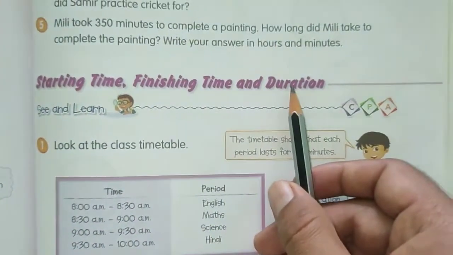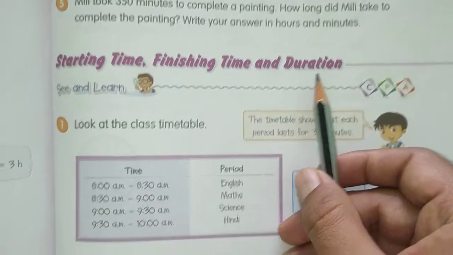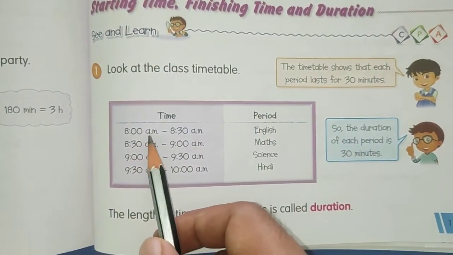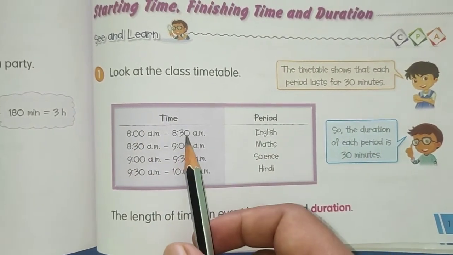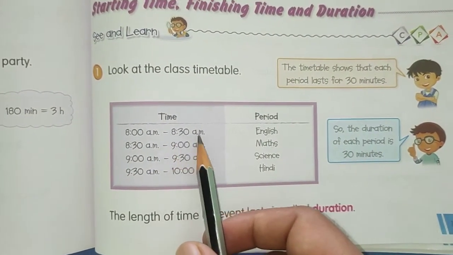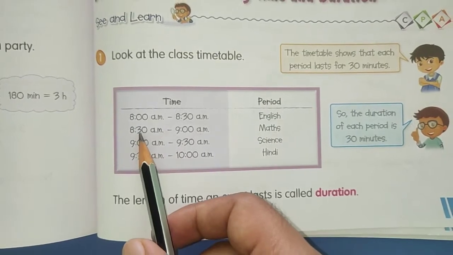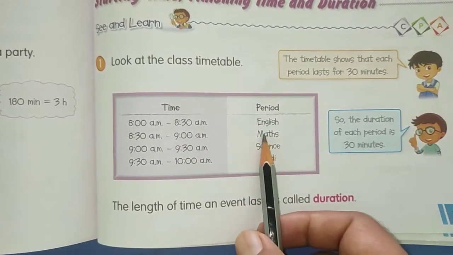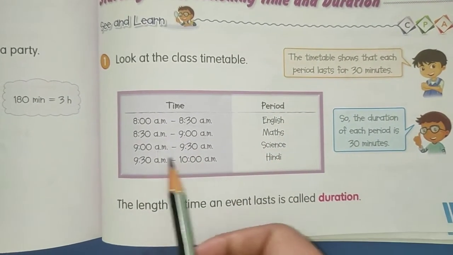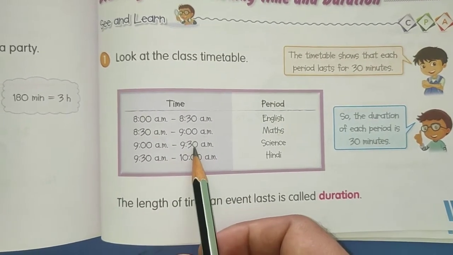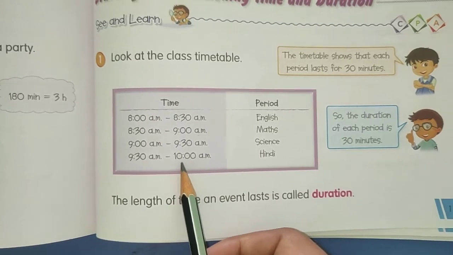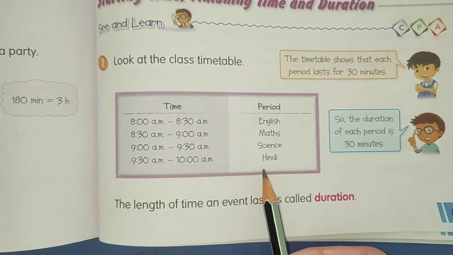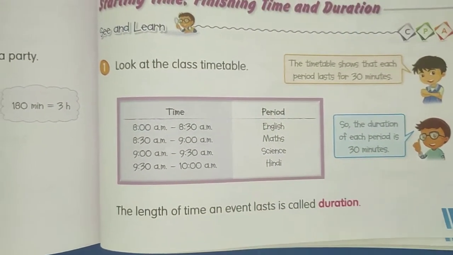Okay, and if I want to find the duration, what is the duration? Duration means total timing. So the total time for the English period, 8 to 8:30, is 30 minutes. Then 8:30 to 9, for maths also 30 minutes. For science 9 to 9:30, 30 minutes. For Hindi also 9:30 to 10, which means the duration of each period is 30 minutes.